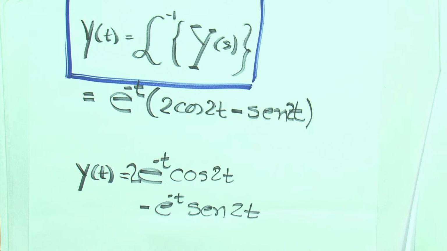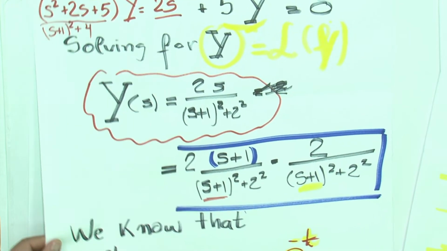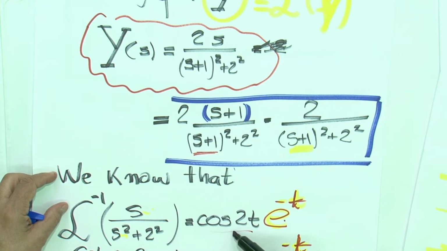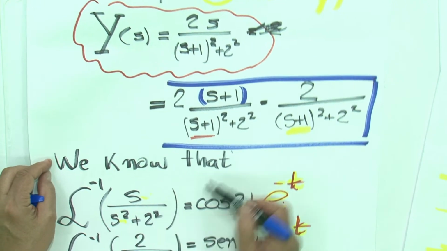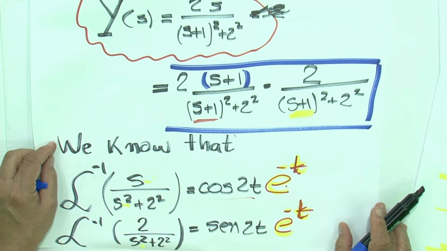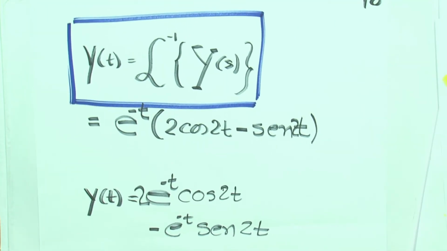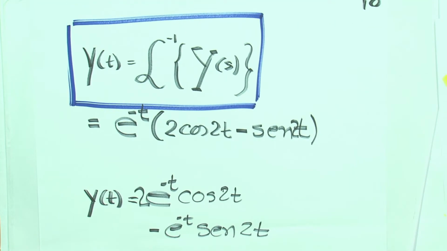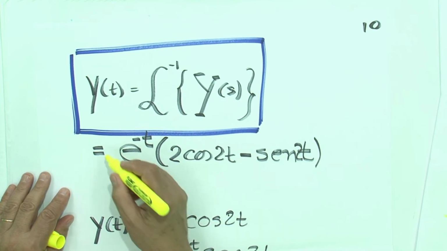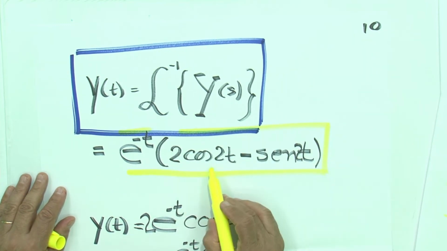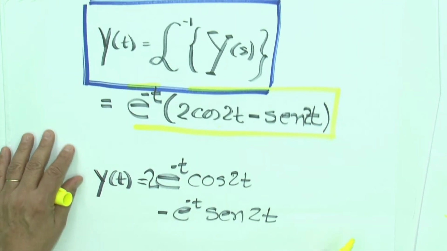Incredible, because I identify these solutions here, identify the functions which will provide to us that kind of expression for the Laplace transform. Right? Easy. Then I can easily write the solution for you. And the solution of the problem is this: exponential times 2 times the cosine of 2t minus sine of 2t.